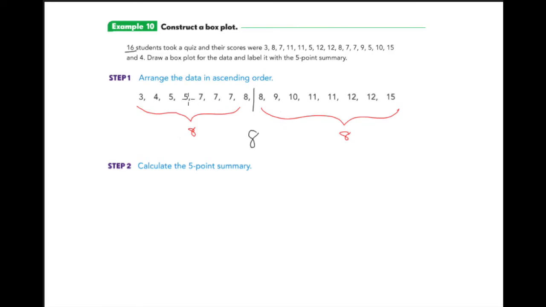8 divided by 2, that gives us 4. So our 4th number would put us right here between the 5 and 7. So for our first quartile, 5 plus 7 gives us 12. 12 divided by 2 is 6. Quartile 1 is 6.